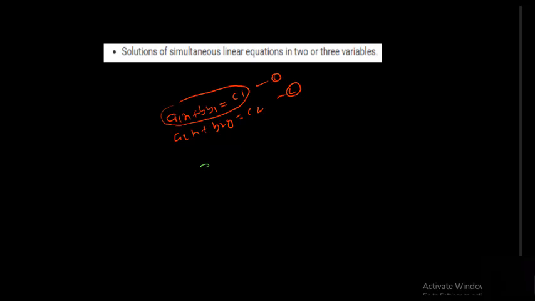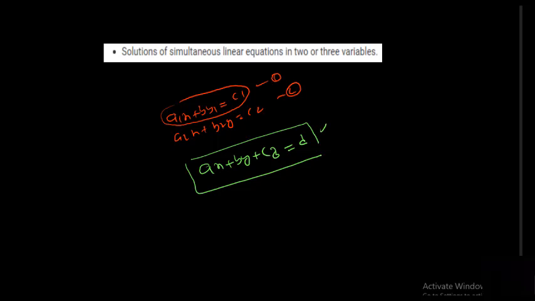Students, ax plus by plus cz equal to d is also a linear equation, in 3 variables. This is called a non-homogeneous linear equation. Already we know what homogeneous and non-homogeneous are. A homogeneous expression means all the terms should have the same degree. For example, ax plus by is a homogeneous expression.